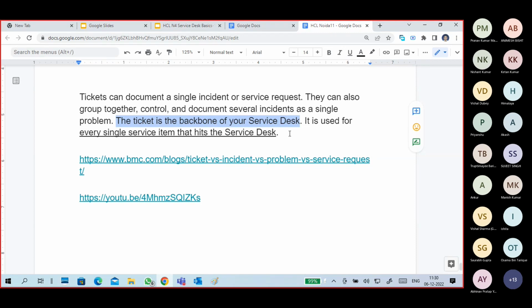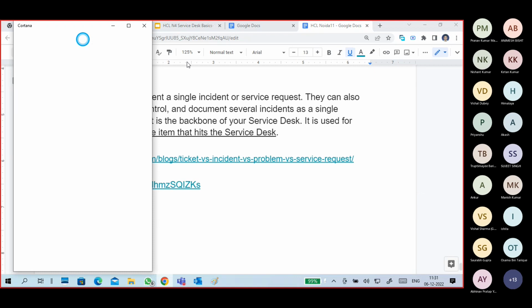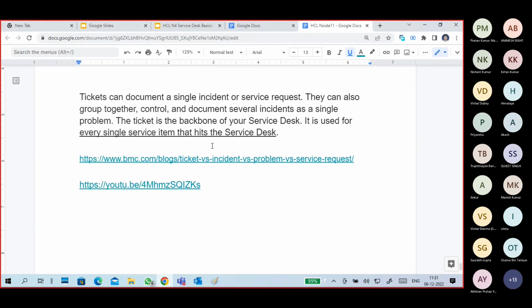So the ticket status will tell you what is going on with the customer. It is used for every single service item that hits the service desk. Whatever comes to the service desk goes to a ticket only.